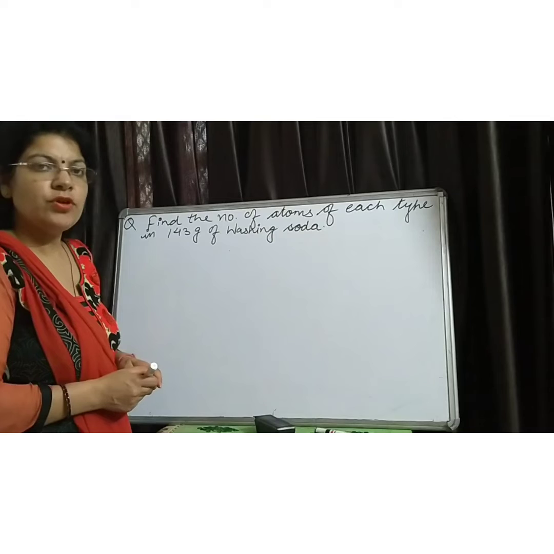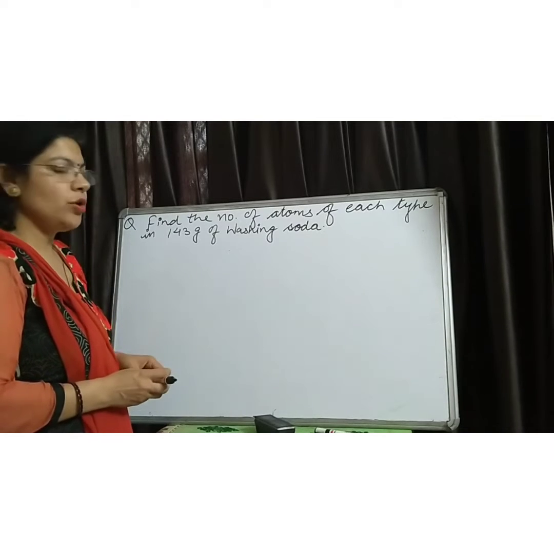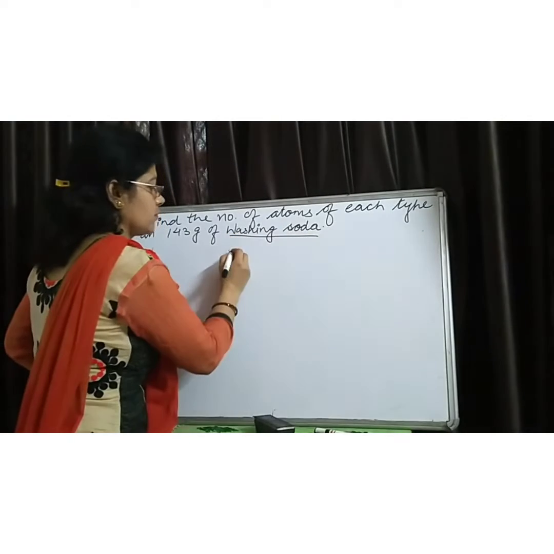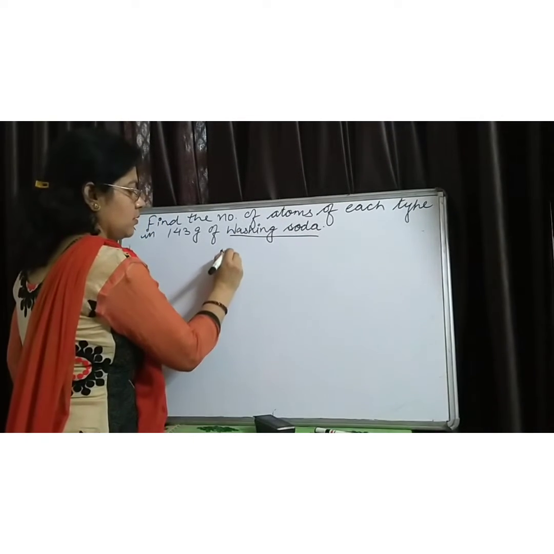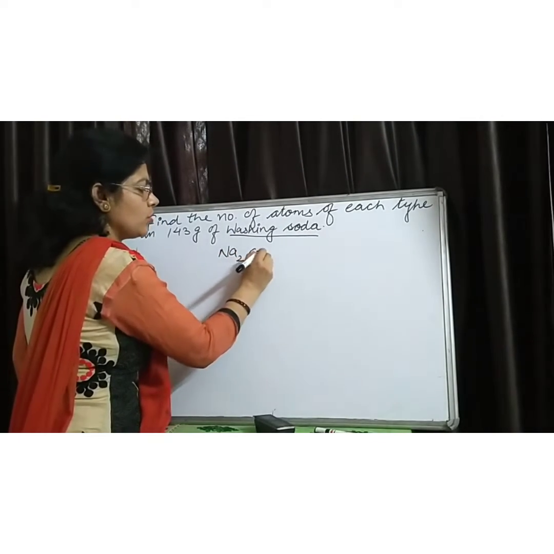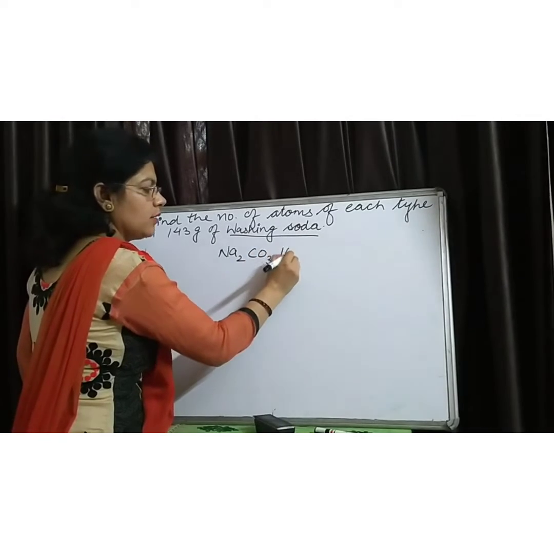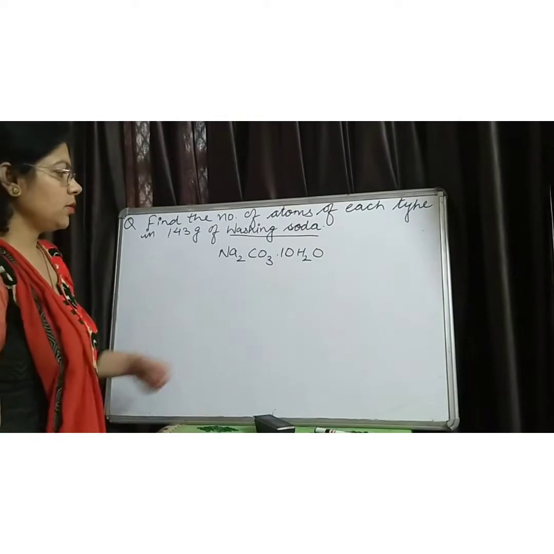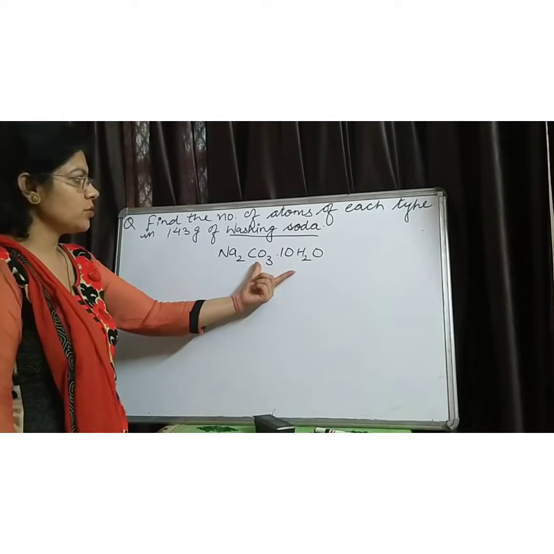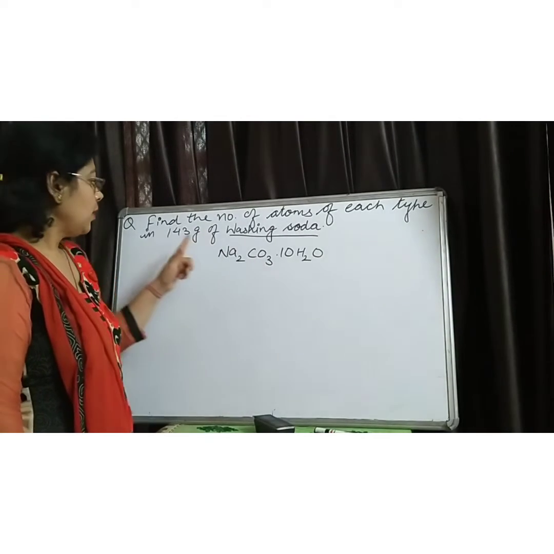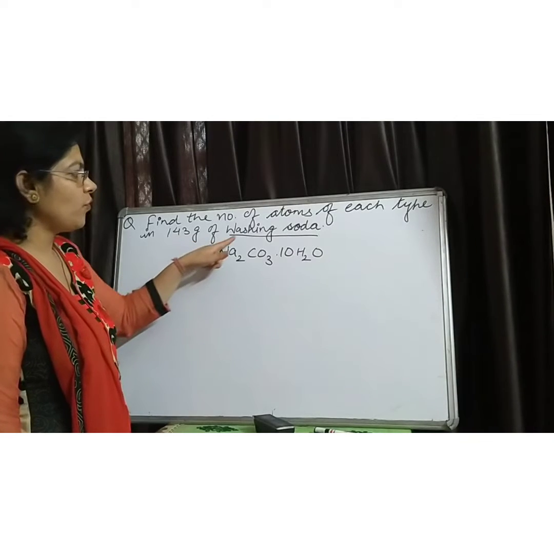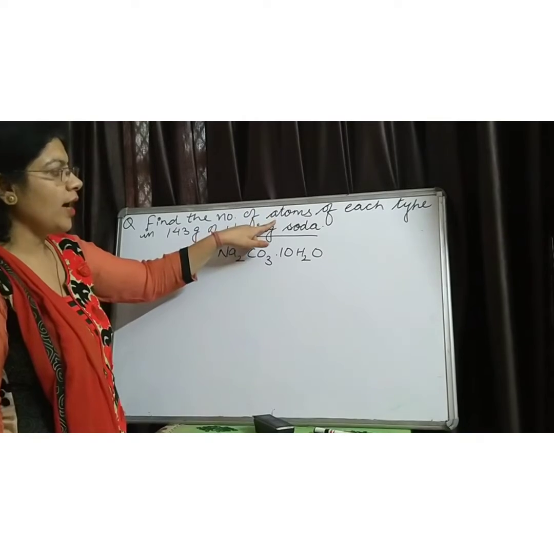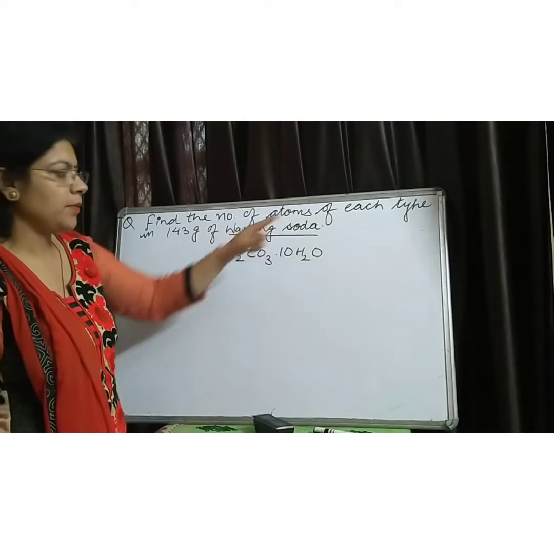First of all, we have to write the molecular formula of the washing soda, that is Na2CO3 and 10 molecules of water. This is the molecular formula of the washing soda, and in 143 gram of washing soda we have to find the number of atoms of each type.